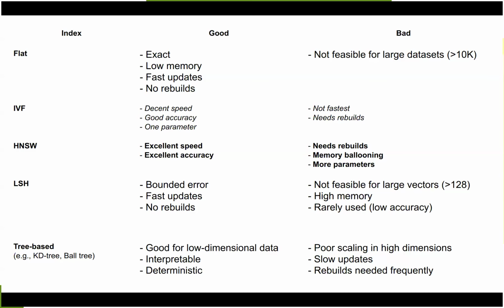And you just have more parameters. If you have more parameters, it gives you the opportunity to optimize the index more accurately for your query and data distribution. But it's harder for people to tune these parameters.